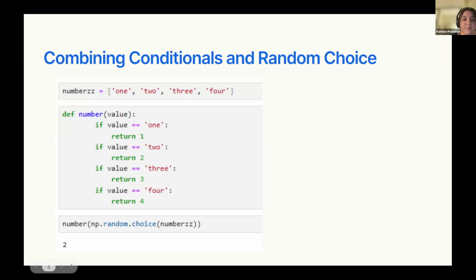Kind of going backwards, we can see how that happened. We asked np.random.choice to pick a random string from our list, either 1, 2, 3, or 4. It picked 2, TWO. And then in our conditional statement, if the value equals TWO, it returns the number 2, which it did.